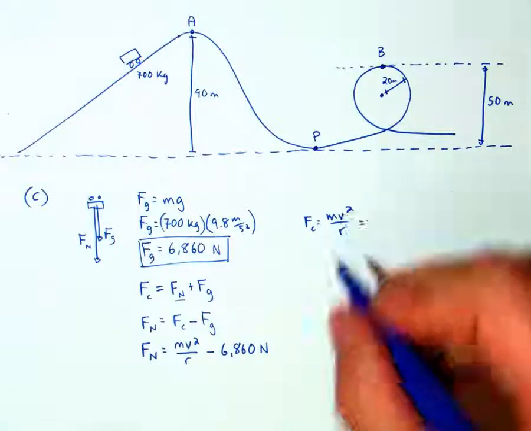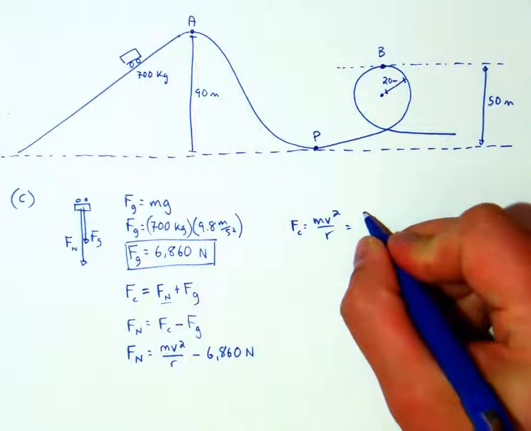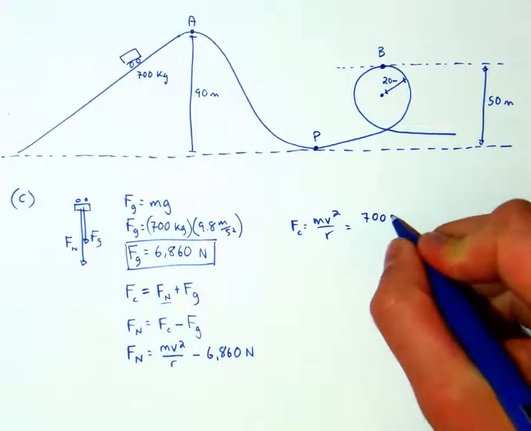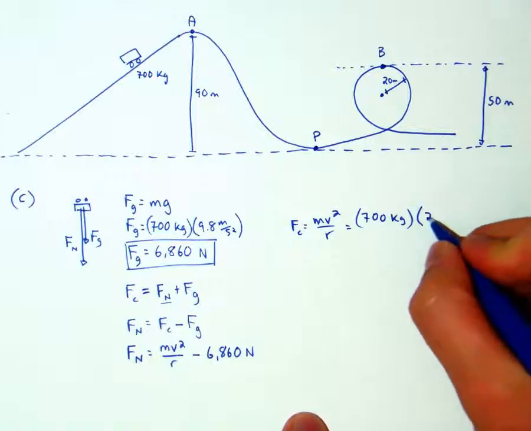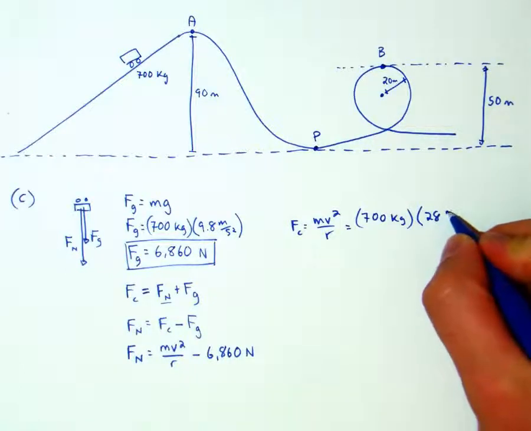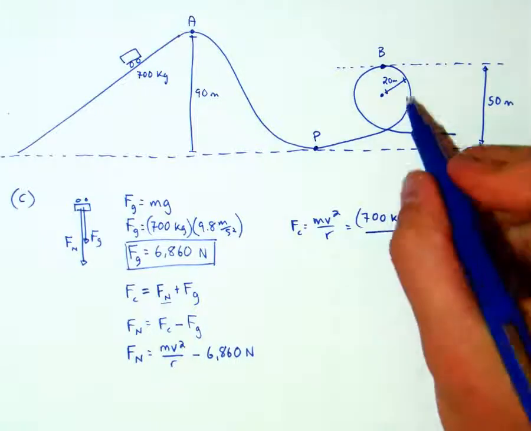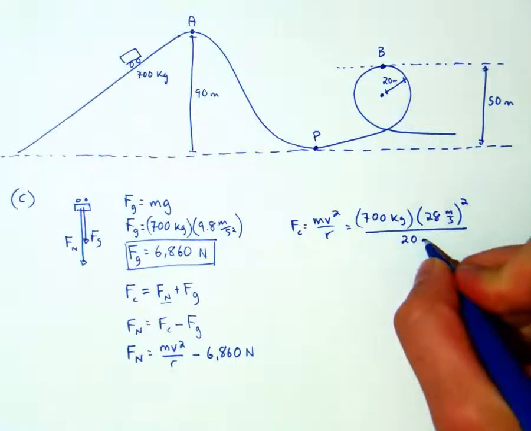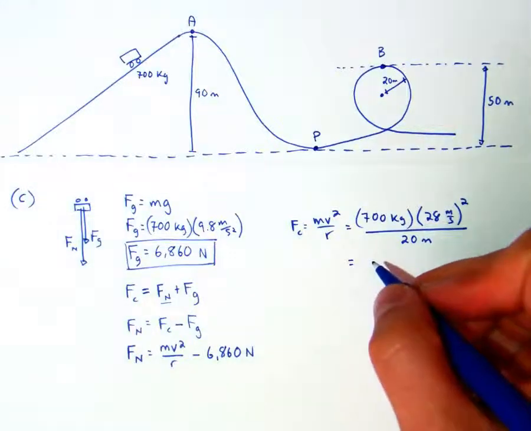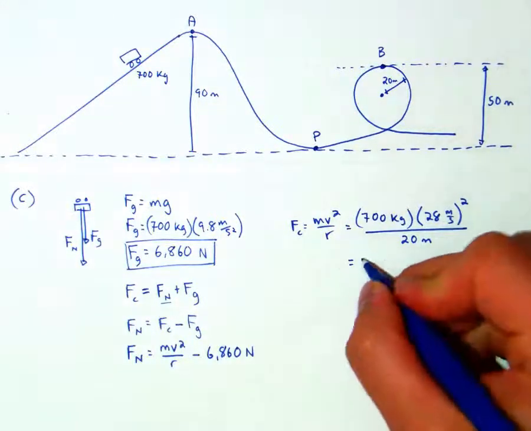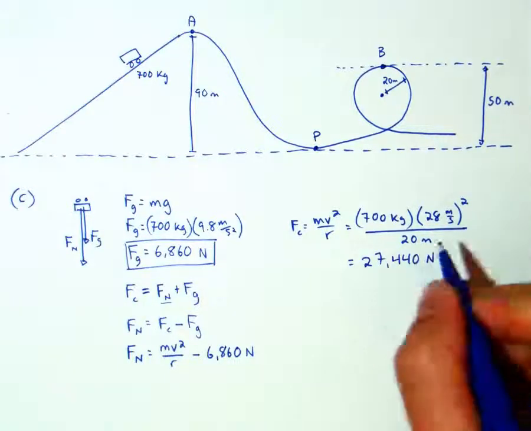Yes, I actually did solve just a minute ago for the velocity at point B. The velocity was 28 meters per second, and I'm going to make sure I square that, divide by the radius of the circle, which is 20 meters, and when I do my calculation, I'm going to get a centripetal force of 27,440 newtons.